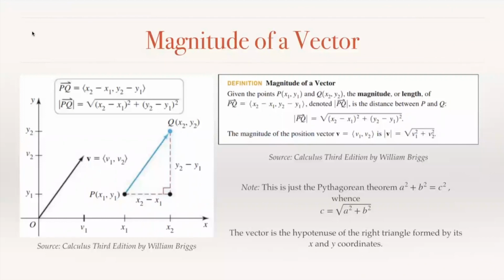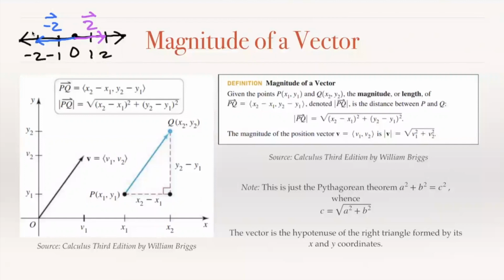Let me illustrate what I mean. So here's our number line. There's 1, 2, there's negative 1, negative 2. And we can imagine the number negative 2 as that vector, and the number 2 as that vector. So that's the negative 2 vector, and that's the positive 2 vector.